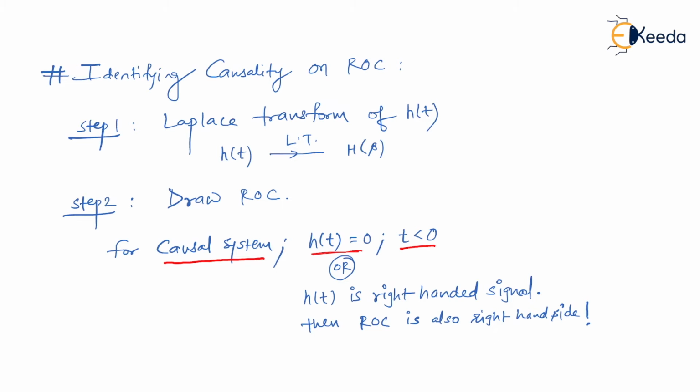If h of t is equal to 0 for t less than 0, it means h of t is a right-handed signal. And for every right-handed signal, when you have your ROC, by observing, you see that the ROC is also on the right-hand side. So let us go in a reverse way. That is, if the ROC is right-handed, then h of t belongs to a causal system. So I repeat what I said over here.